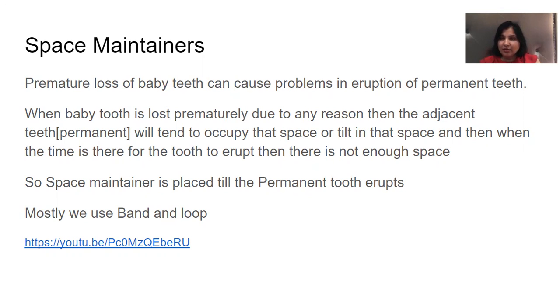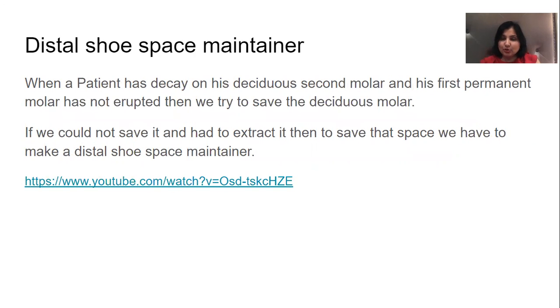There are different other kinds. Now there is another one which is called the distal shoe space maintainer. This is used when the deciduous second molar is lost for whatever reason, and the first permanent molar hasn't erupted.